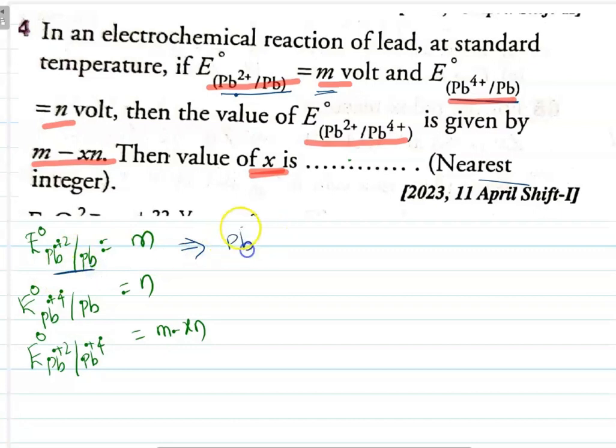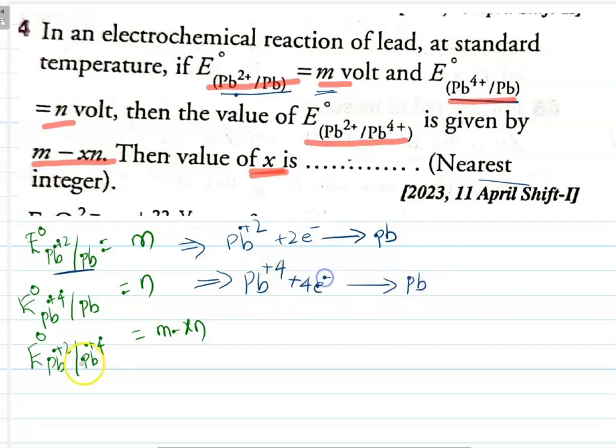Pb plus 2 is forming Pb, which indicates there is a gain of 2 electrons. Here Pb plus 4 is forming Pb, again there is a gain of 4 electrons. Here in the third one, Pb plus 2 is forming Pb plus 4, that means 2 electrons are lost. There is an increase in oxidation state, electrons are lost.